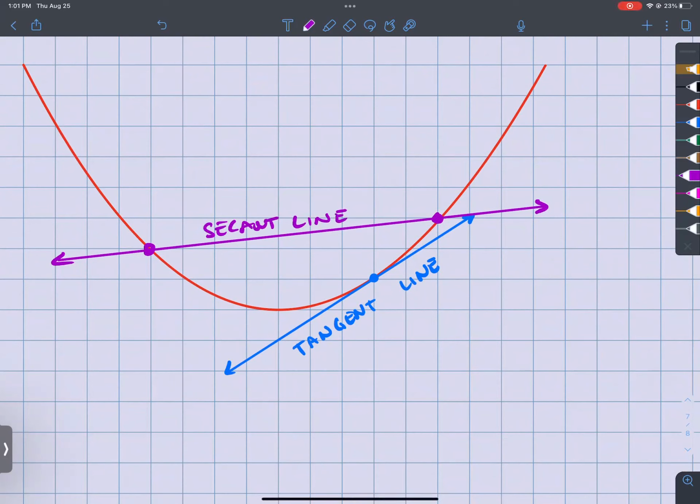I have a question. For the secant line, does it always cross at 2 locations? Yes. And for the tangent one, it only touches at 1 location? It doesn't cross anything. It's just laying nicely on it.